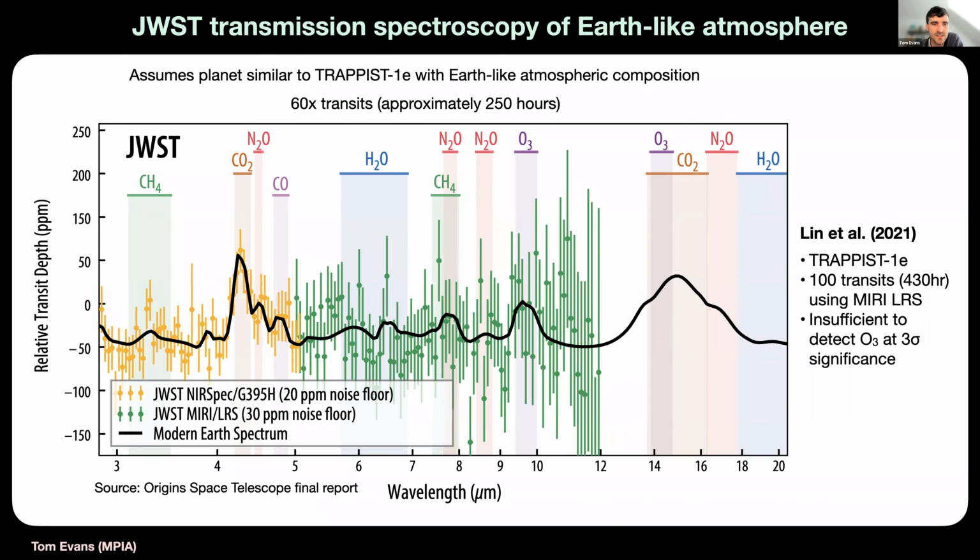And the key point is that even with such an ambitious Webb program of about 250 hours devoted to a single exceptionally favorable target in TRAPPIST-1e, the strong ozone band at 10 micron is undetectable, which is pretty obvious by eye.